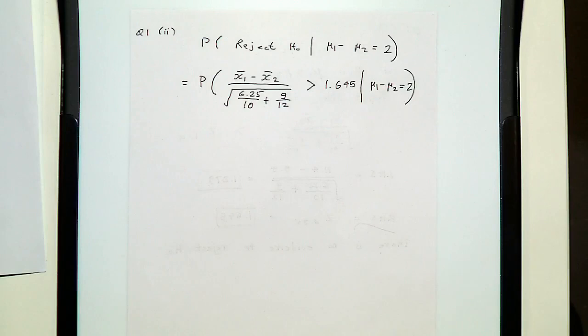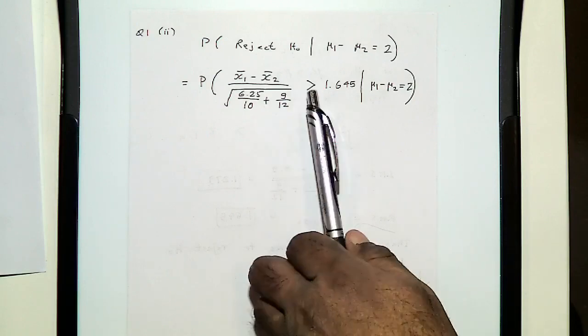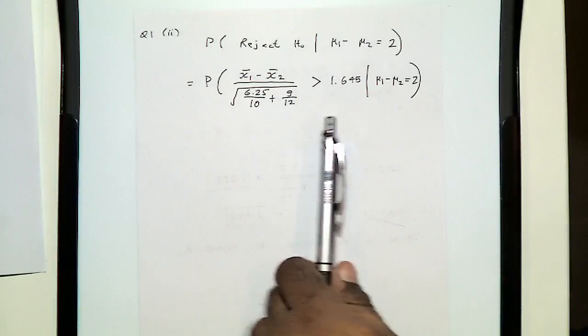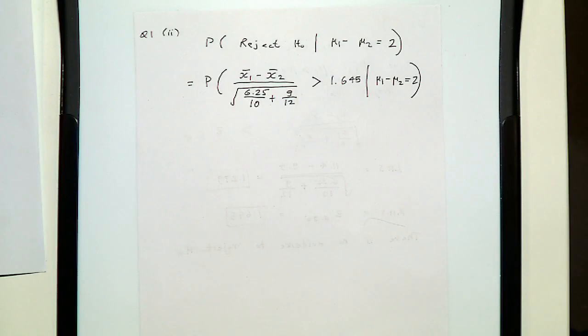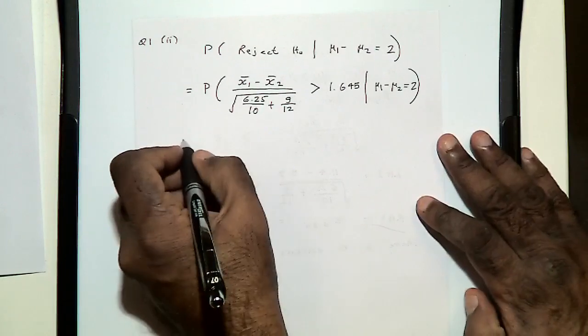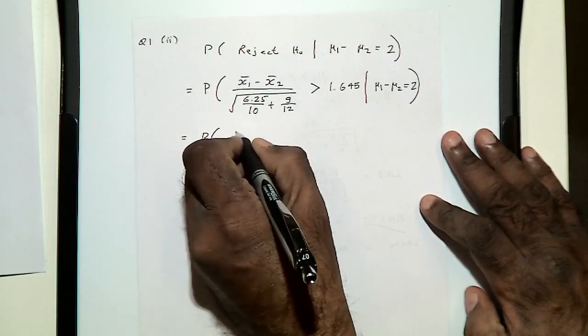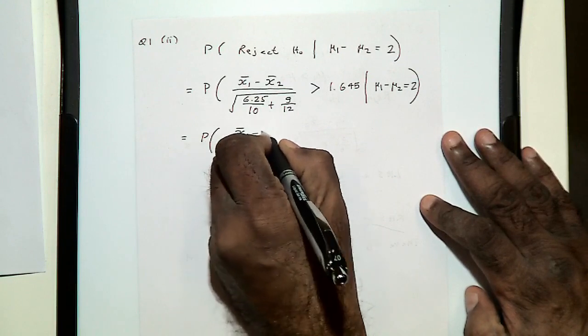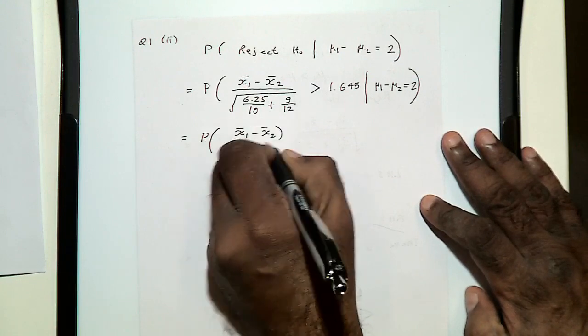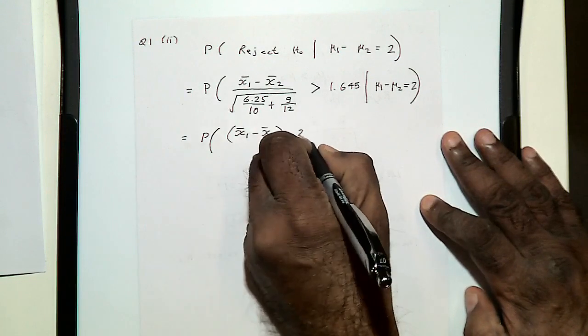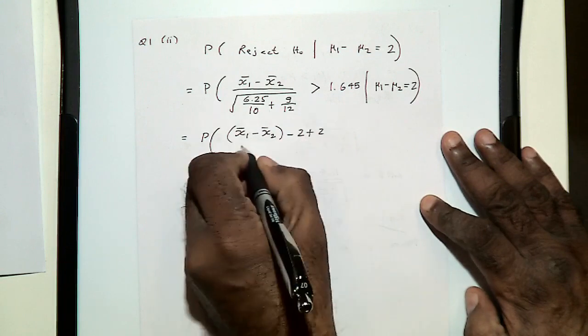Okay, now we need to work out this probability. Now this statistic is based on the assumption that the difference between the true population means is equal to 0, right? So what I'm going to do next is subtract 2. You will see in a minute why I'm doing this.